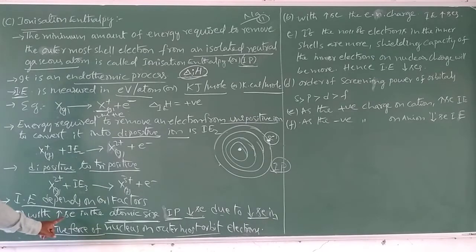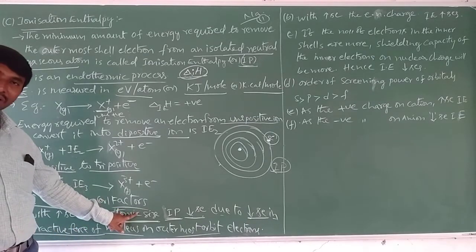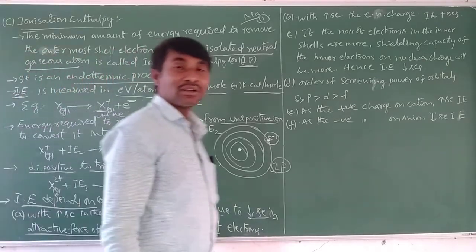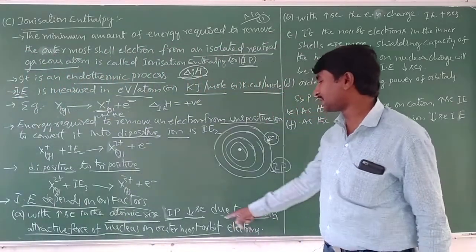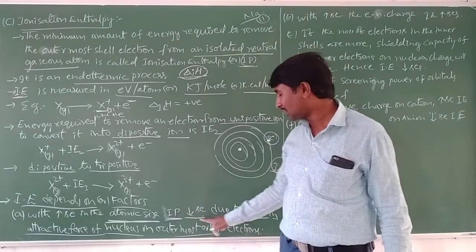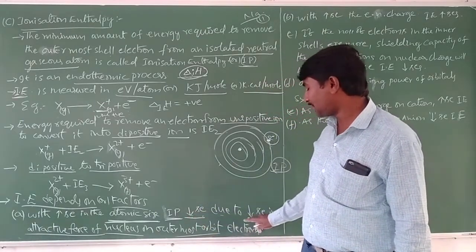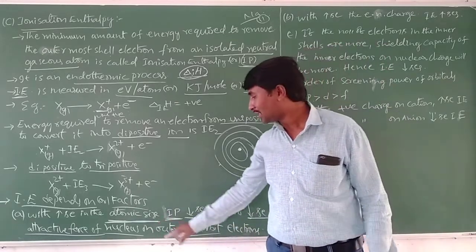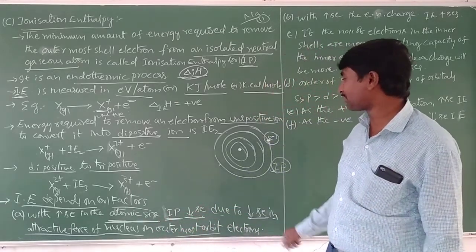So with increase in the atomic size, ionization potential decreases.